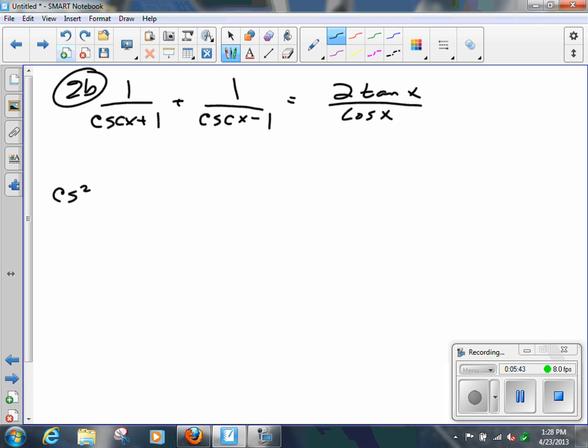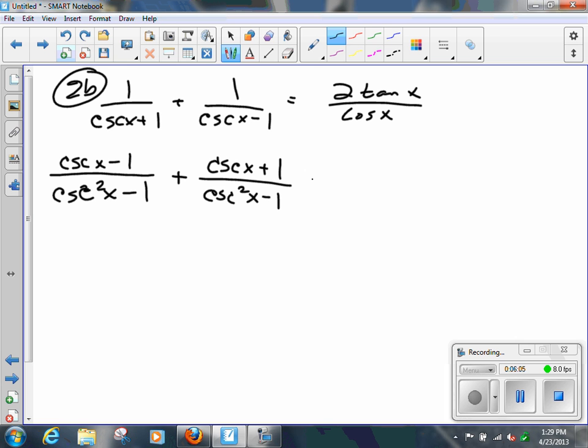It's going to be a difference of squares. Cosecant squared x minus 1 plus cosecant squared x minus 1. What did I multiply to the bottom of this one? Cosecant minus 1 times 1 is cosecant x minus 1. What did I multiply to the second fraction? Cosecant x plus 1 times 1 is cosecant x plus 1. I just skipped 2 steps. Smush it together because we have like denominators.